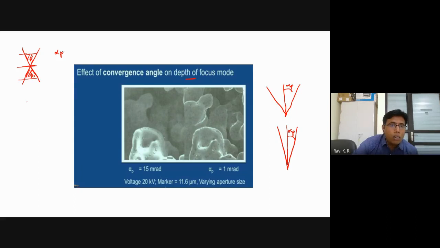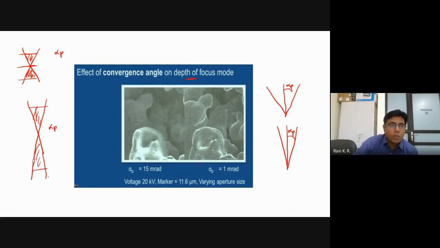Suppose this convergence angle is very small, then you start getting a larger and larger area.